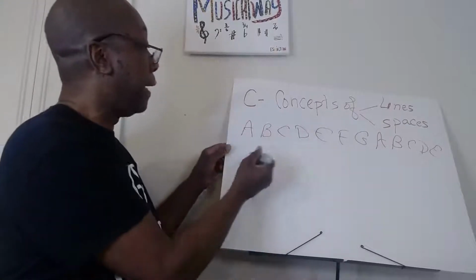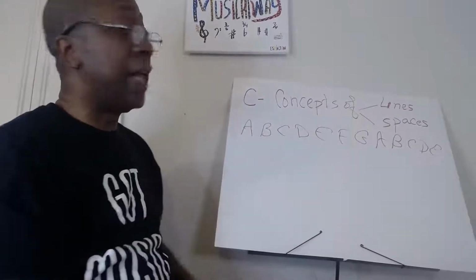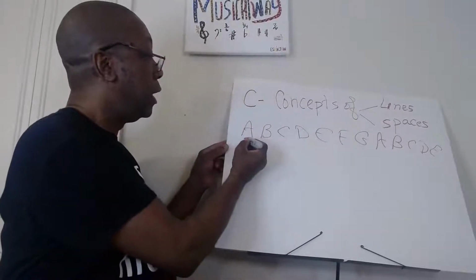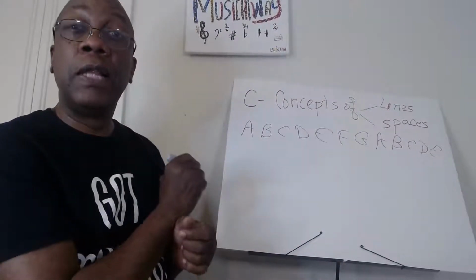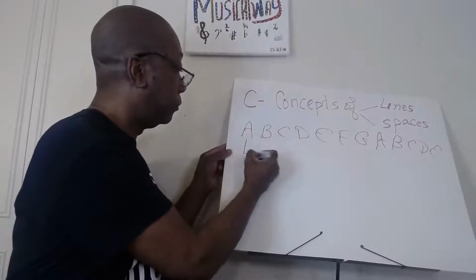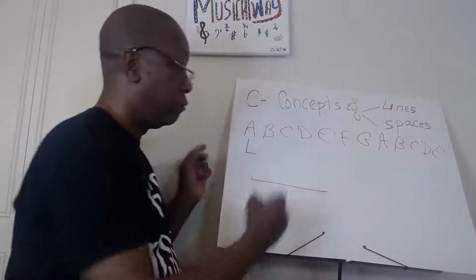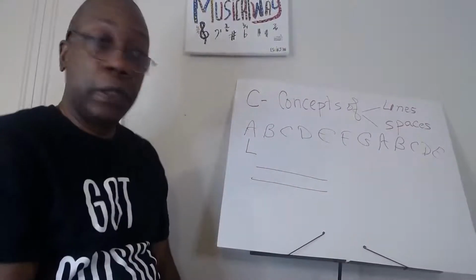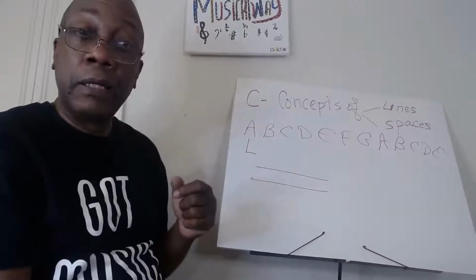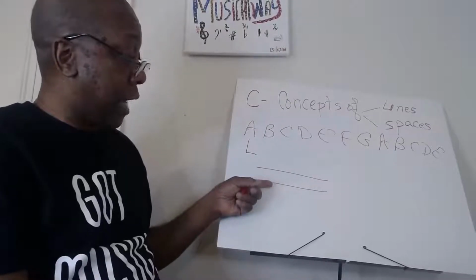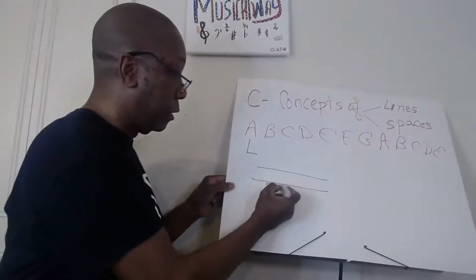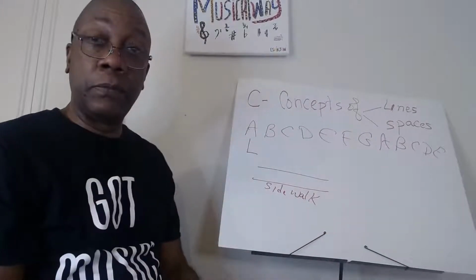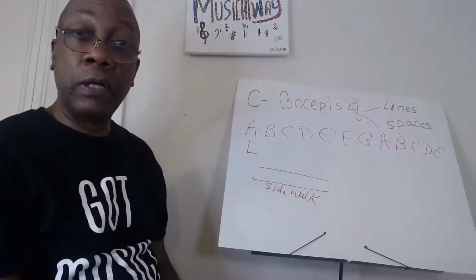Now, the concept of line and space is very interesting. If the first letter is a line, and I would like to go to the next line, it's like we are on the street, we are on the sidewalk over here. That's my sidewalk. Can I just put the next foot on the next sidewalk?